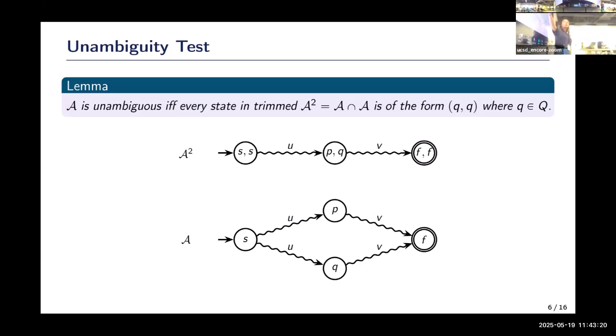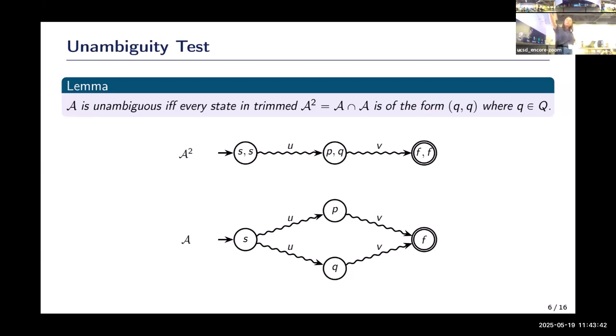Say that in this intersection automaton I have the state PQ, because it's trimmed, of course. When I take the intersection, I can trim everything. It's reachable from the state SS by some word U, and co-reachable by some word V to the state FF. Here those wiggly arrows mean a path. This could be multiple transitions.